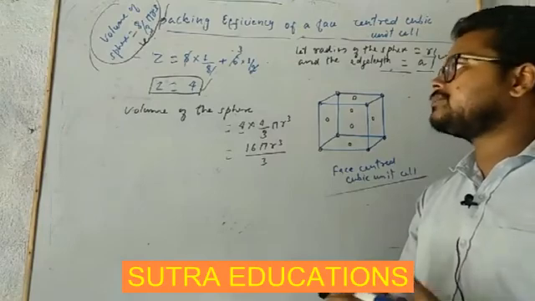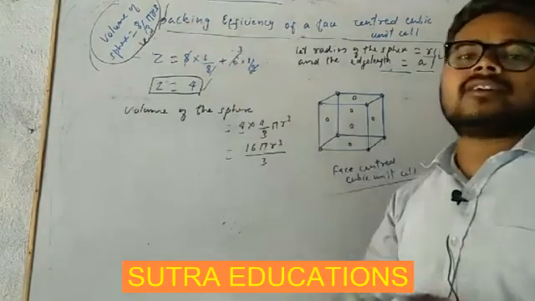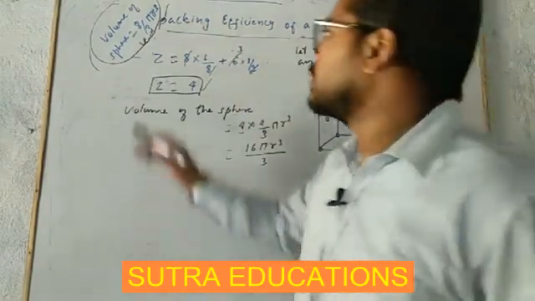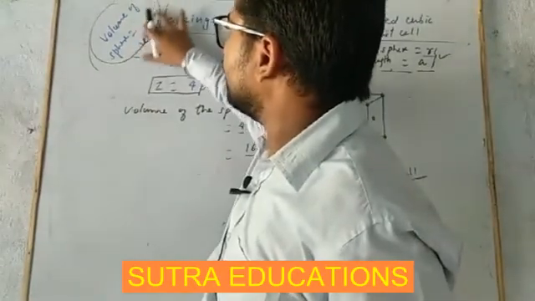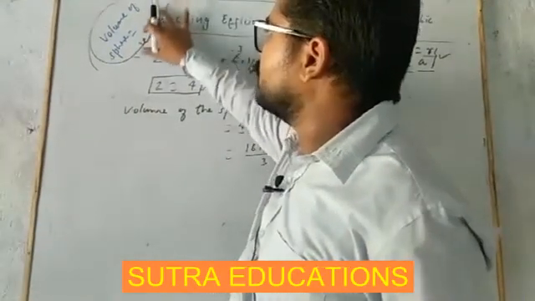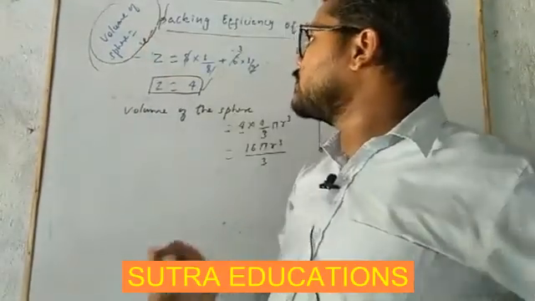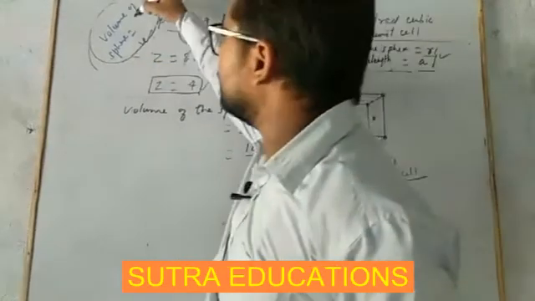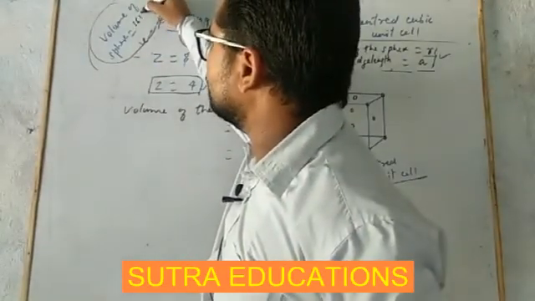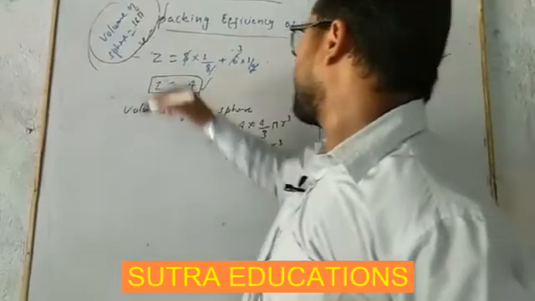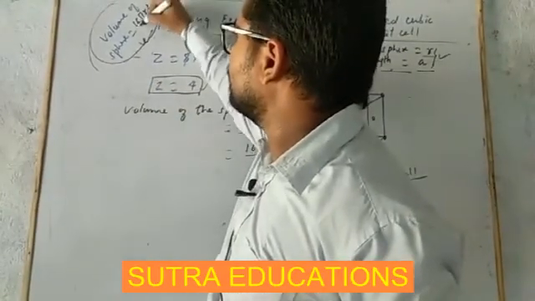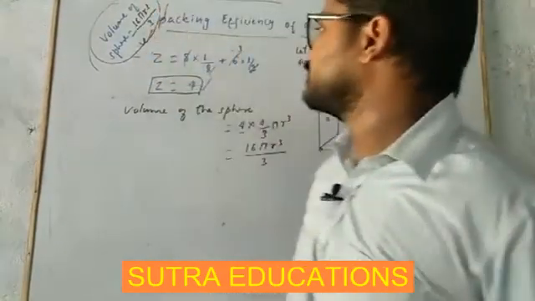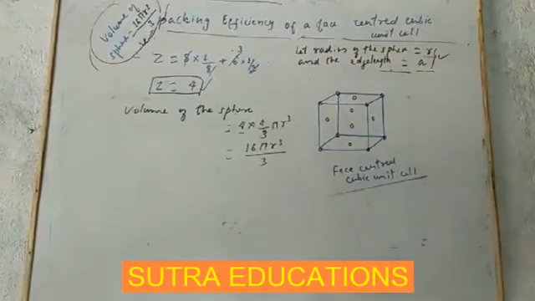Write this value at the corner so that we will get space to write. So volume of sphere is equal to 16 pi r cube upon 3. So one thing we have calculated, that is volume of the sphere, and it is equal to 16 pi r cube by 3.